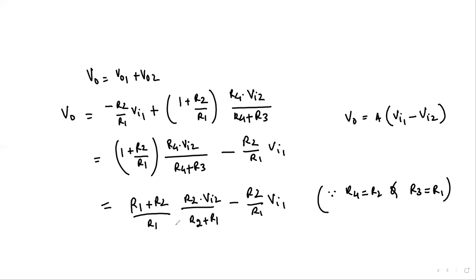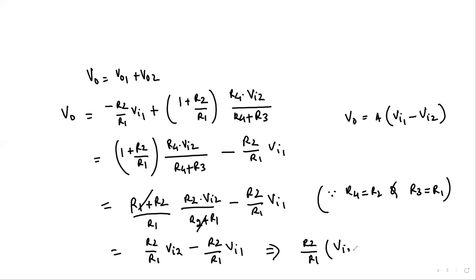So we can get this expression like this. We see that this factor goes away, and they are simplified like this. VI2 minus R2 by R1 VI1, and that further simplifies to R2 by R1 times VI2 minus VI1. Okay, so this is your final output.